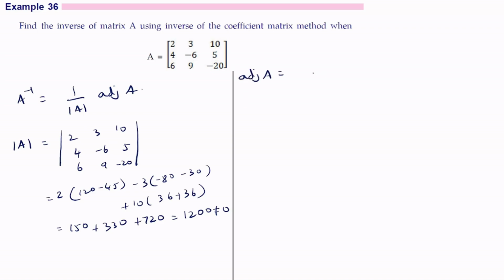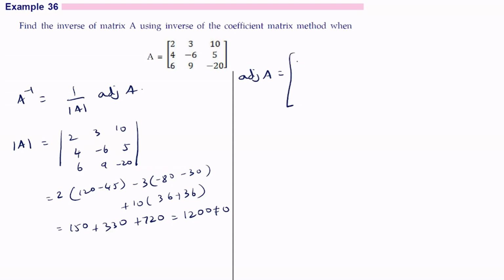Adjoint of A is the transpose of the cofactor matrix. So let us first find the cofactor matrix and then find the transpose. The cofactor of the first element is the determinant of minus 6, 5, 9, minus 20 into minus 1 the whole square, so it is positive.